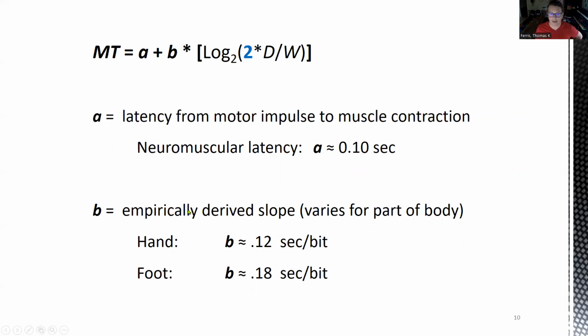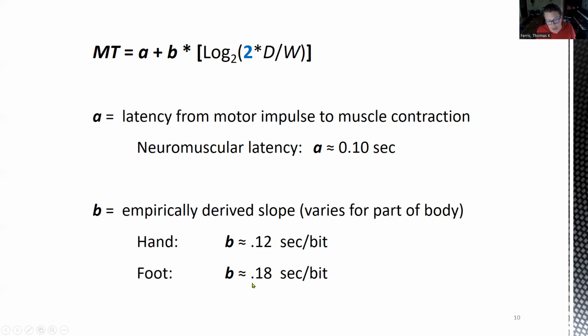And then note that, again, if I'm sending a signal to my hands, it's faster than to send it to my legs, so that has a noticeable difference. And I don't think you can always say it's exactly because of how far from the brain. There's some aspects of processing in the arms and legs that just take different amounts of time. But if it's a hand-based movement, I want you to use this constant, 0.12 seconds per bit.